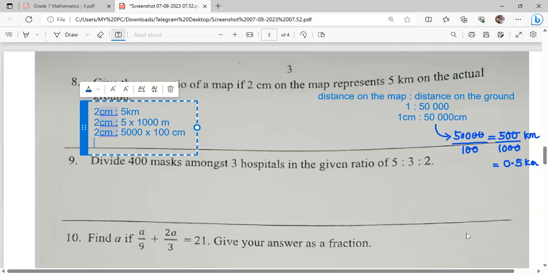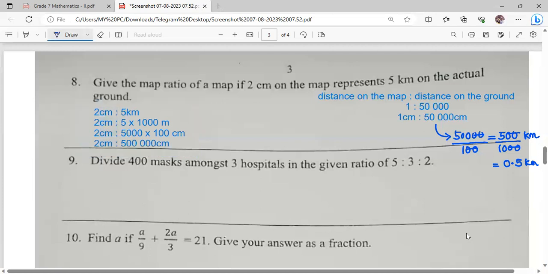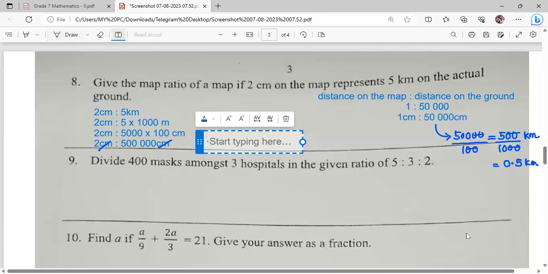So here I have 2 centimeter to 500,000 centimeters. Then you want to simplify this. How are we going to simplify this, children? The centimeter you can cancel. So what will be the answer? After simplifying, you can write the answer: 1 to 250,000. This is the map ratio.